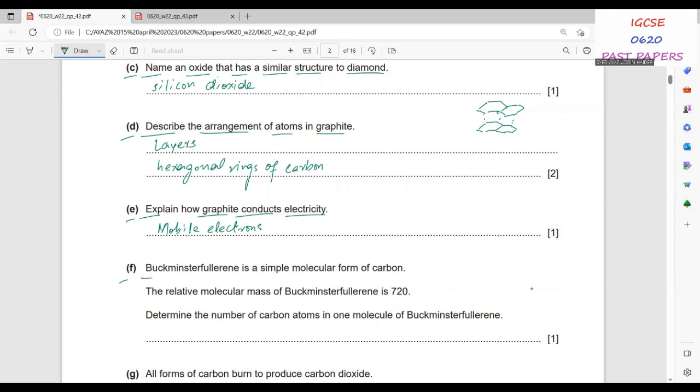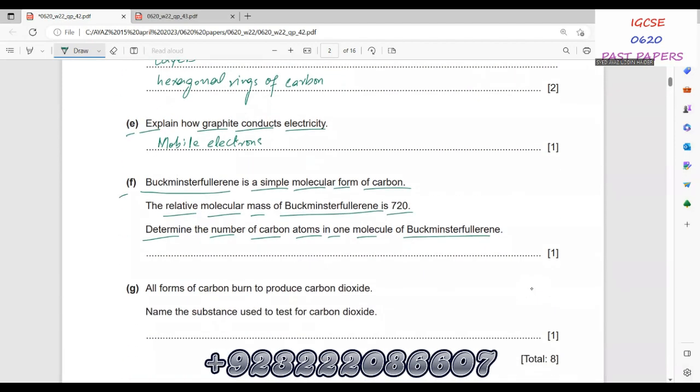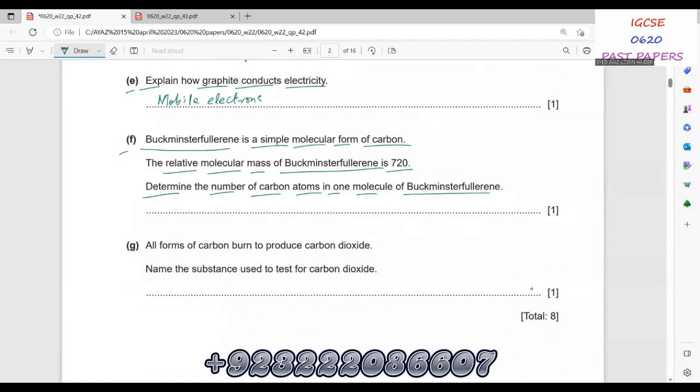F. Buckminster fullerene is a simple molecule form of carbon. The relative molecular mass of Buckminster fullerene is 720. Determine the number of carbon atoms in one molecule of Buckminster fullerene. It's very easy. The mass of one carbon is 12. So we want to calculate the mass of 720 carbon atoms.